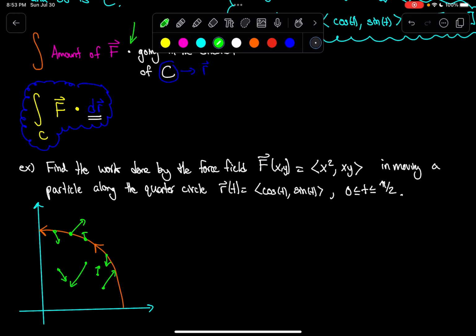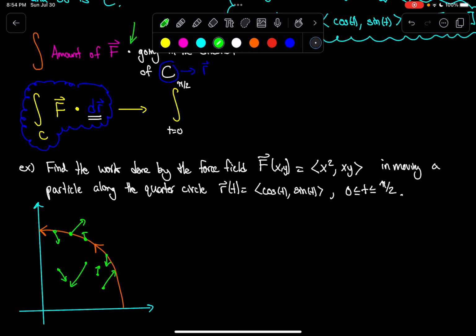And so we can start setting up this integral by intuitively following what we have here. We're given our bounds for t. We did something similar in the last video where we would put t equals 0 here, and we'd put pi over 2 for the upper bound.